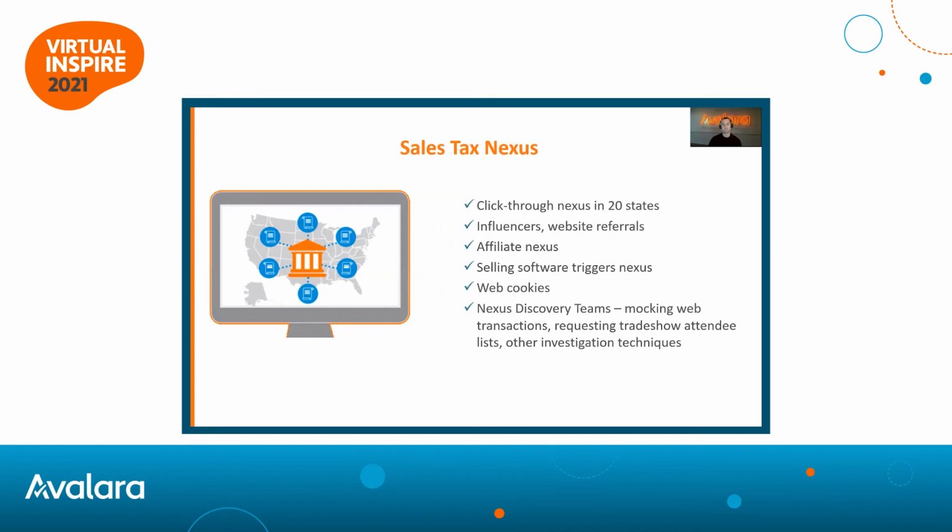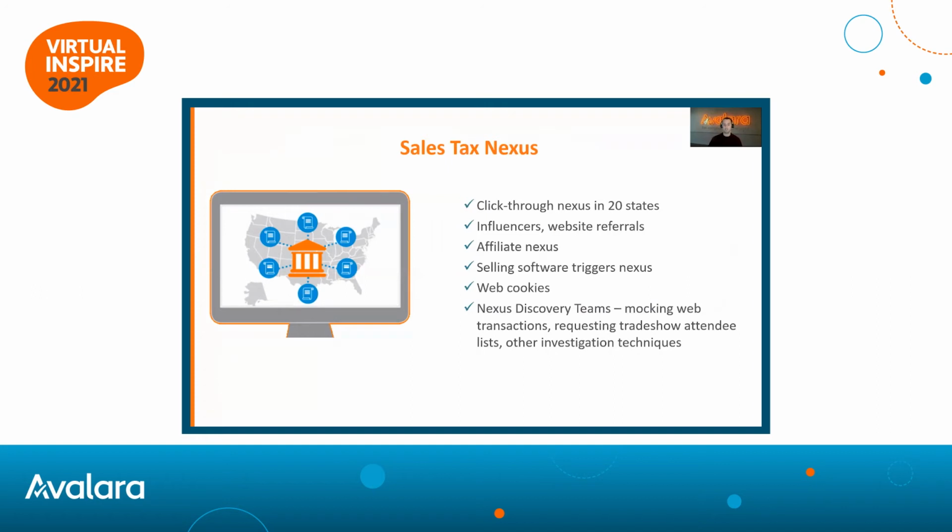So for many retailers based in the UK, for example, or in Germany who sell in the US, oftentimes that marketing is driven from folks in the US, and that can trigger tax reporting obligation in that state. In some places like Texas, selling software itself triggers nexus.